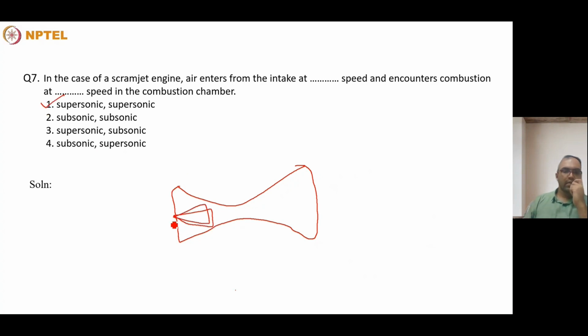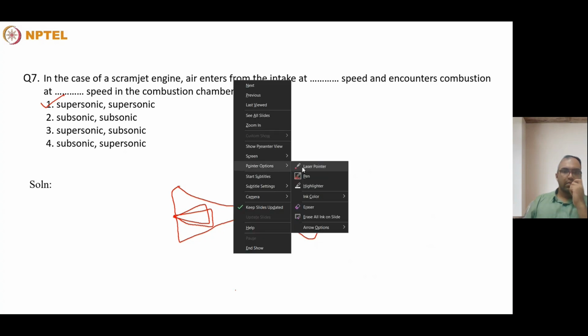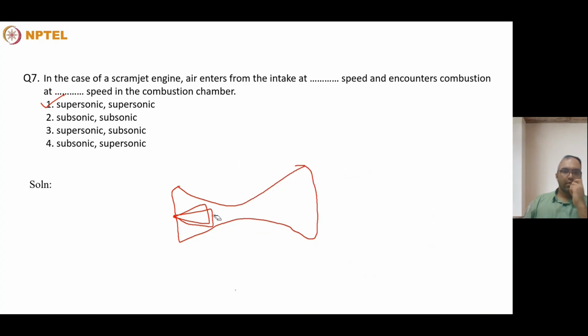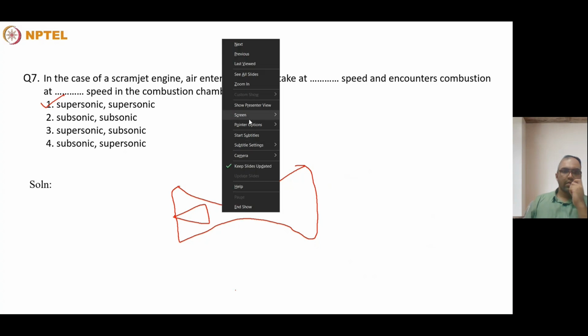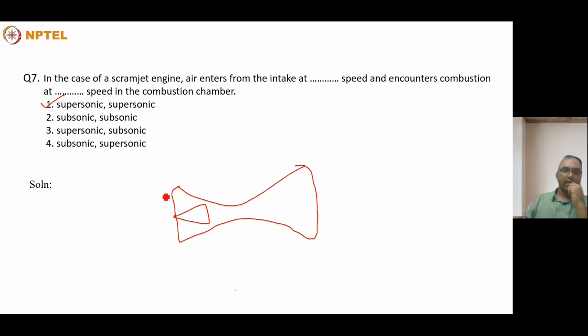The inlet intake to the engine will be at supersonic speeds, Mach number greater than 1.